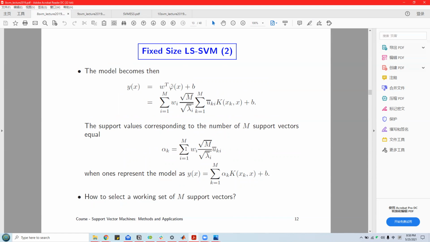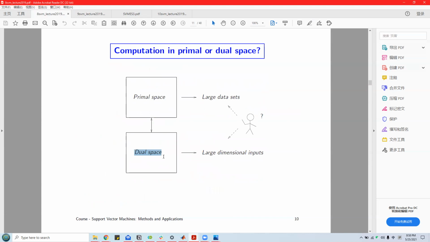Okay. So again, when you do it in the primal space, the computation is related to the dimension of your input. That's why you want to do it in the dual space with a kernel, because then your computation is independent of the dimension of the input.